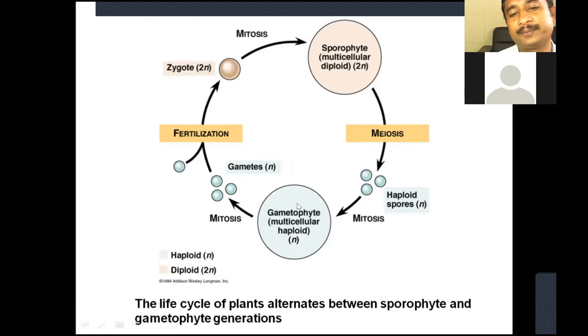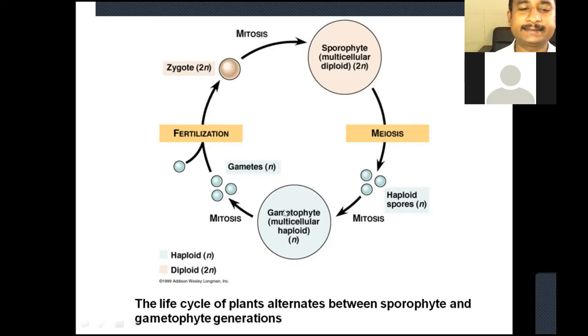For example, haploid in meiosis produces the gametes, and gametes after fertilization form the zygote. Zygote is of diploid condition. After mitosis, this produces the sporophyte, and after meiosis, it produces the haploid spores.